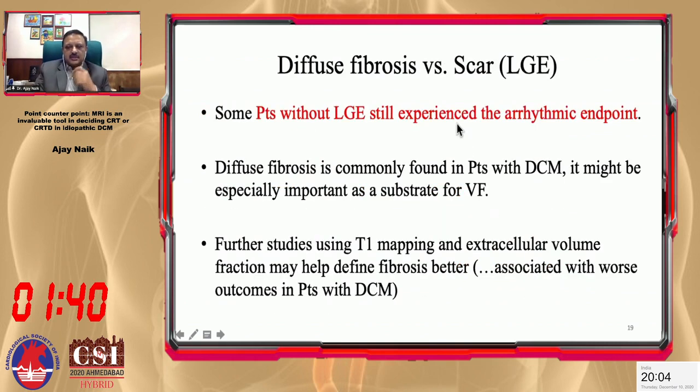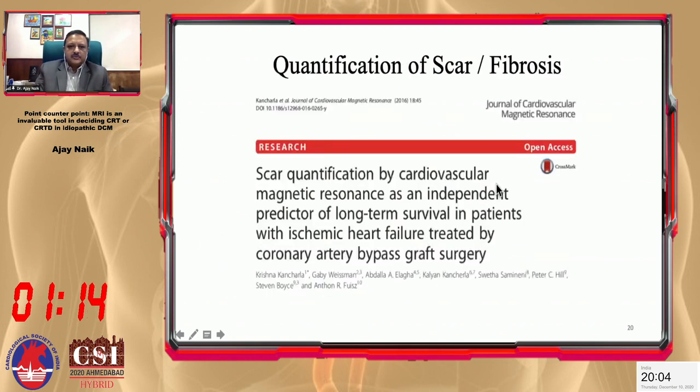So we are still searching for clues here. Some patients without LGE still experience the arrhythmic endpoint. There's another issue. Diffuse fibrosis is commonly found in patients with dilated cardiomyopathy, and it may be an important substrate for VF. So, like Dr. Narang said, T1 mapping or extracellular volume fraction may help define fibrosis better, and those may provide clues.